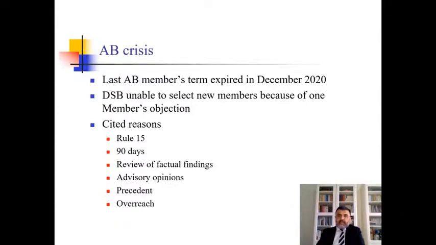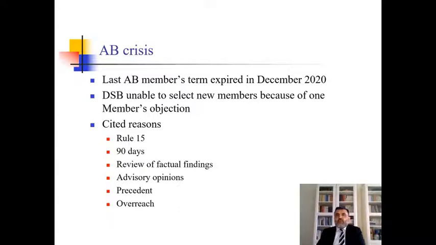Certain errors have been committed. The US has been saying for quite some time that unless these concerns about the functioning of the appeal mechanism are addressed by WTO members, the US is not ready to agree to the selection of new members to the appellate body. So this is the reason why we don't have a functioning appellate body right now.